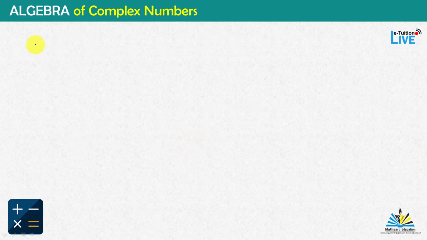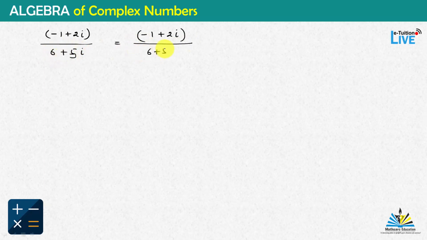Let's have another example. Let's say minus 1 plus 2i needs to be divided by 6 plus 5i. So we have minus 1 plus 2i. To get a purely real number in the denominator, we need to multiply by the conjugate of this, that is 6 plus 5i needs to be multiplied by 6 minus 5i.